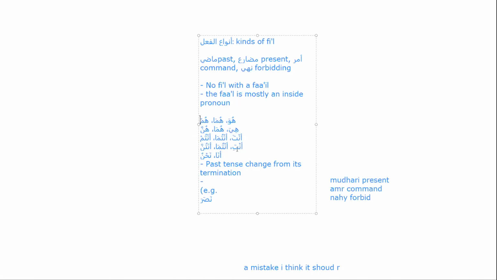Anti, you, singular, feminine. Antuma, both of you, feminine, pair. Antunna, all of you, feminine, plural. Ana, I, that is first person. I can be masculine or feminine. And then nahnu can be pair or plural, masculine and feminine. These are the pronouns that we have learned.